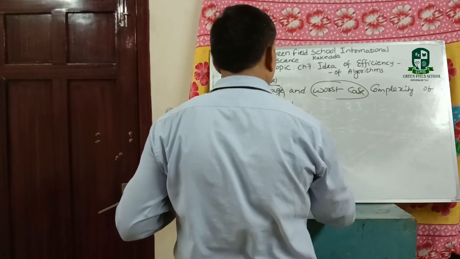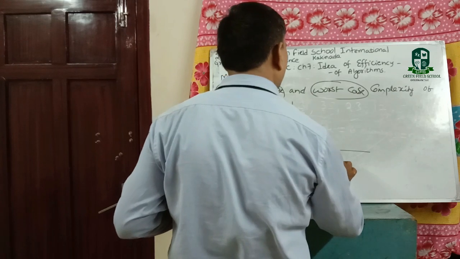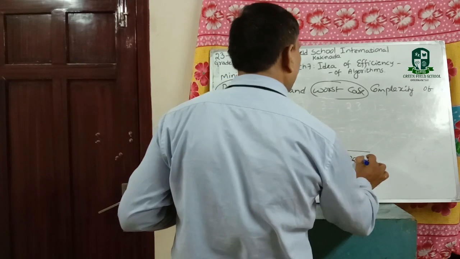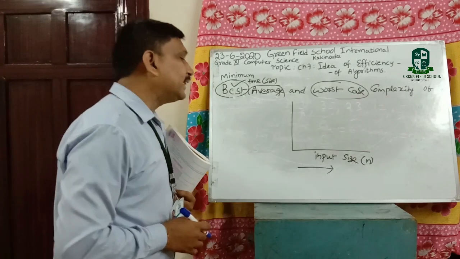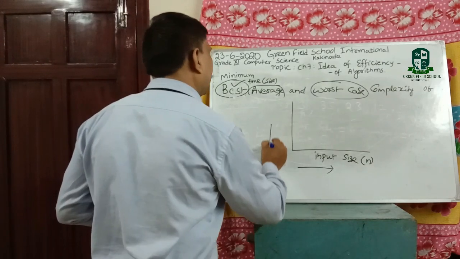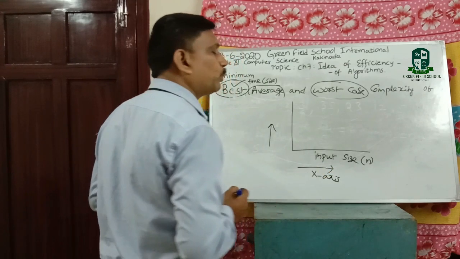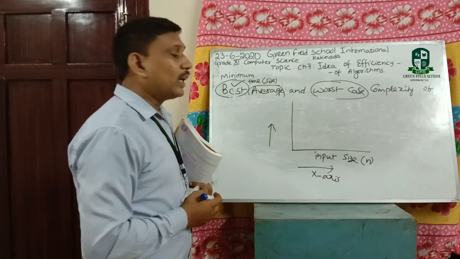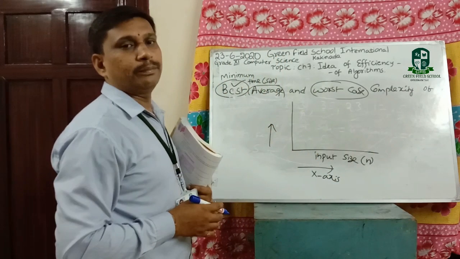Here we draw the graph. The x-axis is the input size, that is n, so we are taking n inputs. The x-axis is considered as input size: how much input we take to solve this problem.